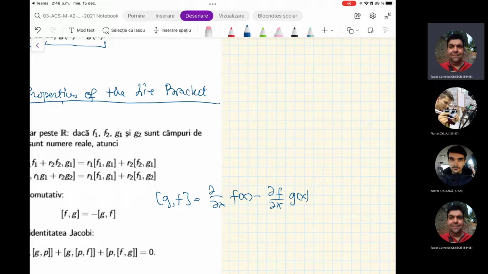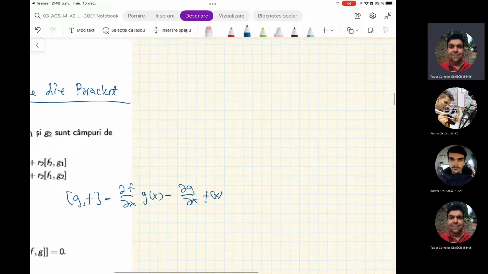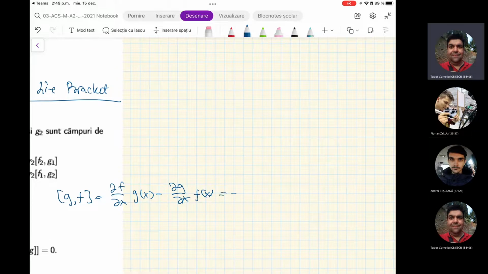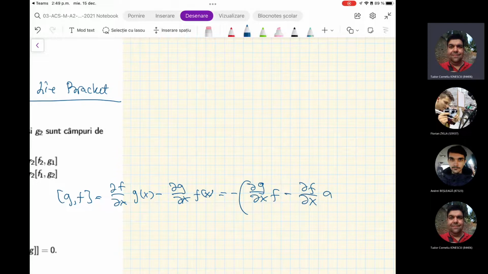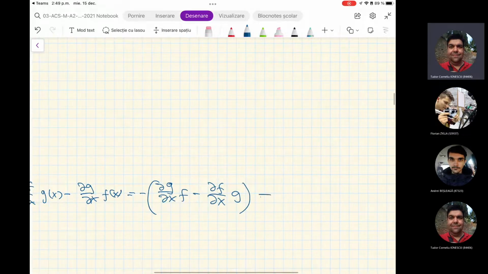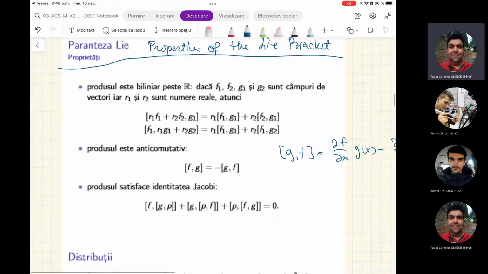It's df dx g minus dg dx f. And this is indeed minus dg dx f minus df dx g, and this is indeed by definition minus the Lie bracket between f and g. So this is correct. Skew.